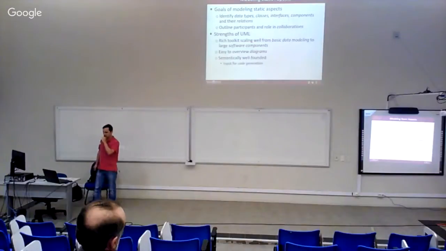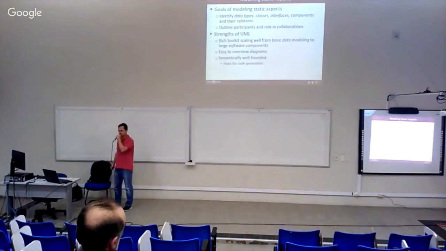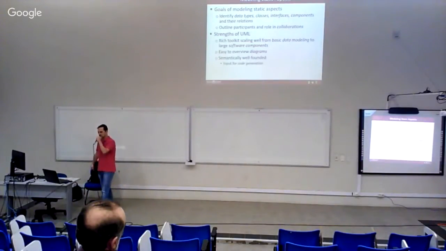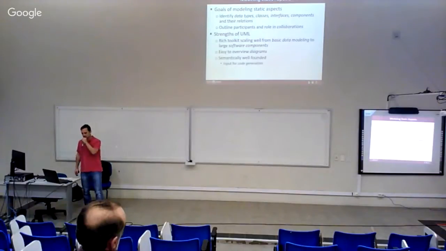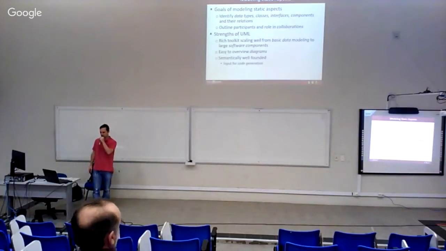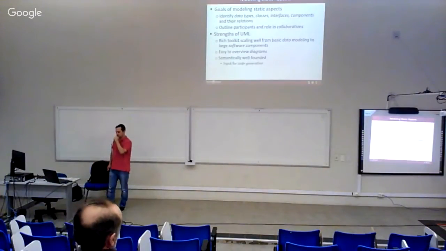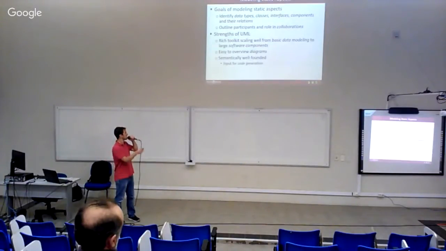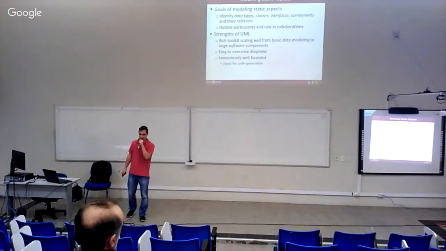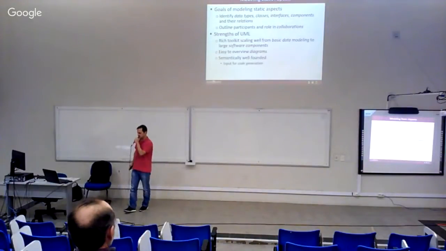And the strength of UML is that it provides a rich toolkit, scaling well from basic data modeling to large software components. And it provides diagrams that are easy to overview, and let's say that it is semantically well founded, so it can be used as an input of code generators.